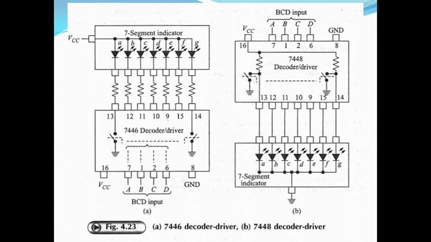Consider that the BCD input is 0, 1, 1, 1. Corresponding to this, you require A, B and C. Only these 3 LEDs have to be on. So the corresponding transistors will be conducting, and hence the voltage will be 0 here. So these LEDs, A, B and C, will be forward biased and it will display the digit 7.